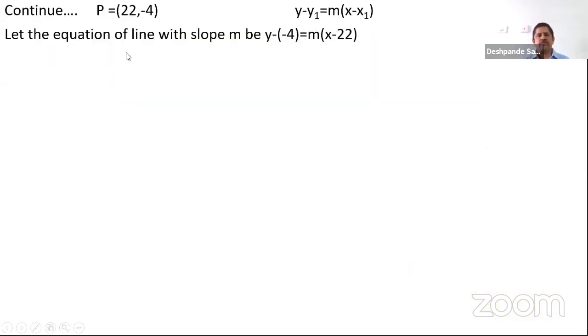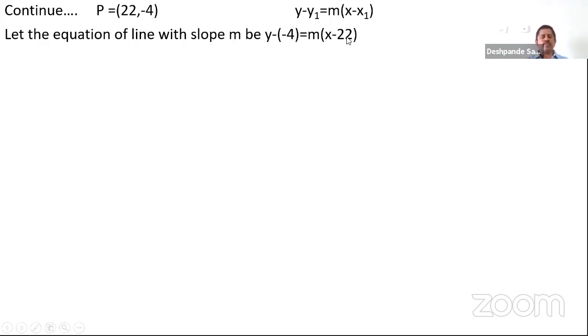So let the equation of line have slope m. Now here it is passing through the point 22 comma minus 4. So you can use the formula y minus y1 is equal to m into x minus x1. So here x1, y1 is 22 comma minus 4.